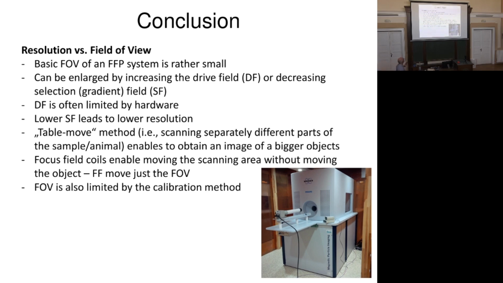Lower selection fields lead to lower resolution, and then there is the table move method or focus field coils, which enable moving either the sample or the scanning area in the space.